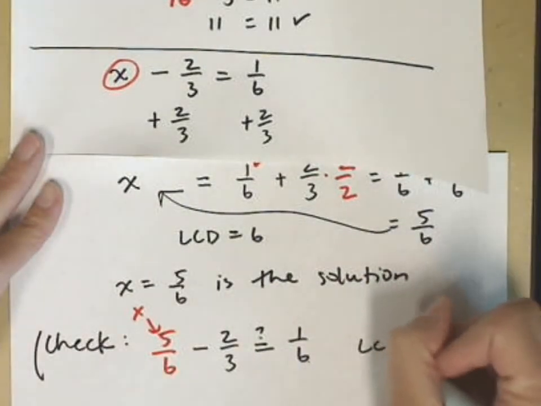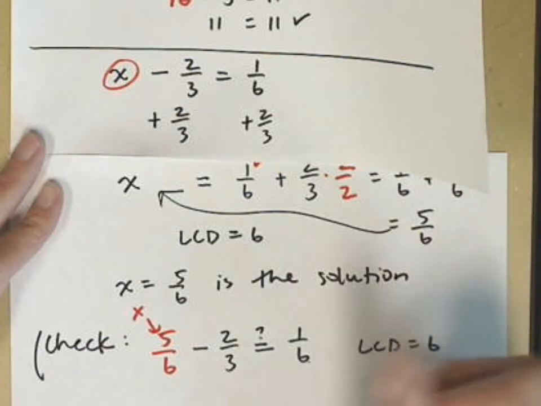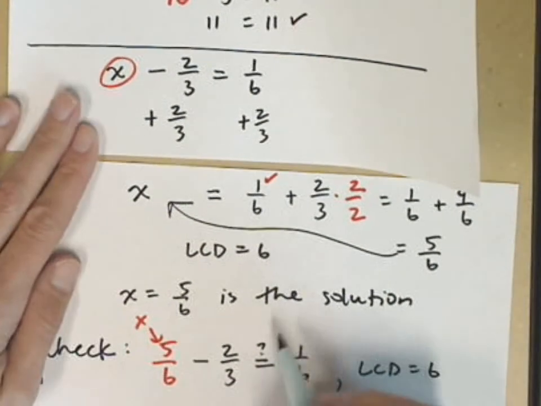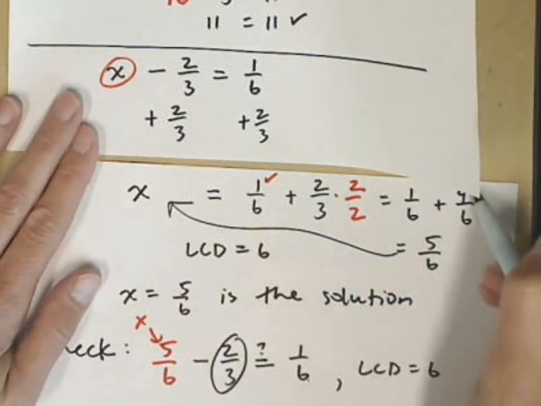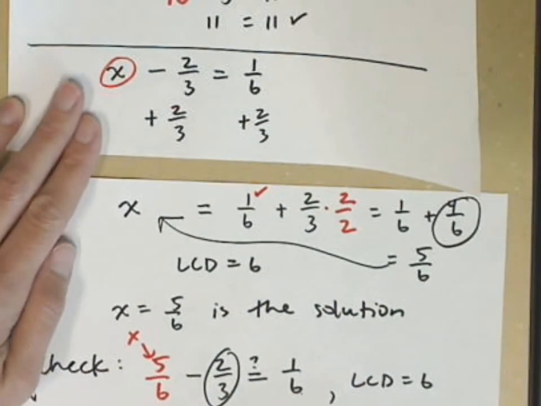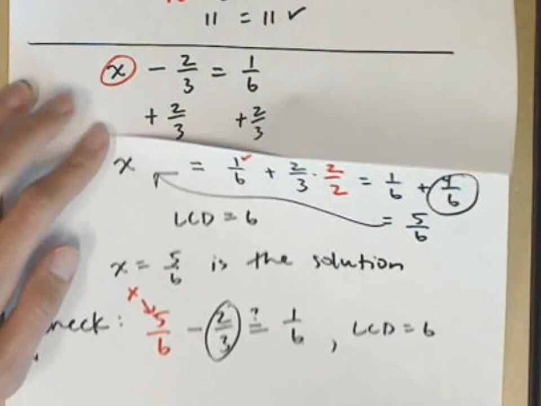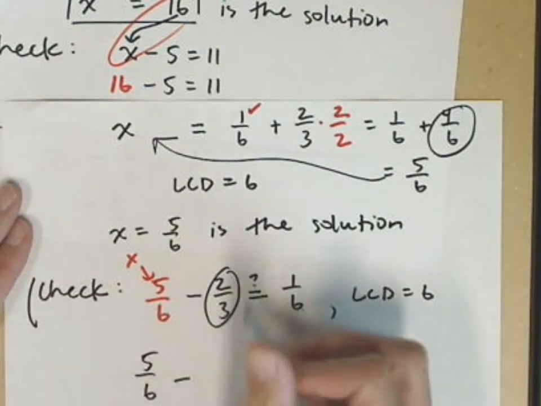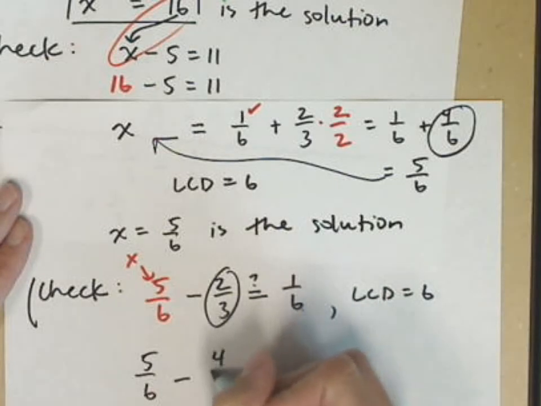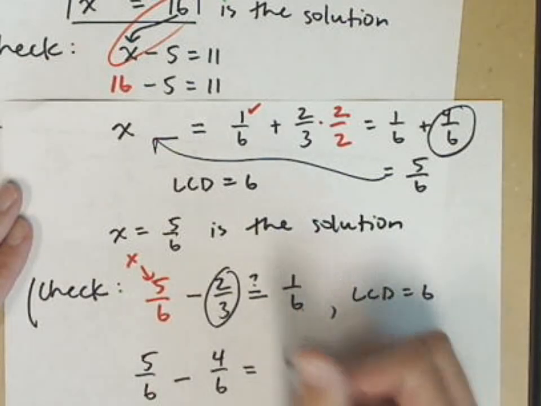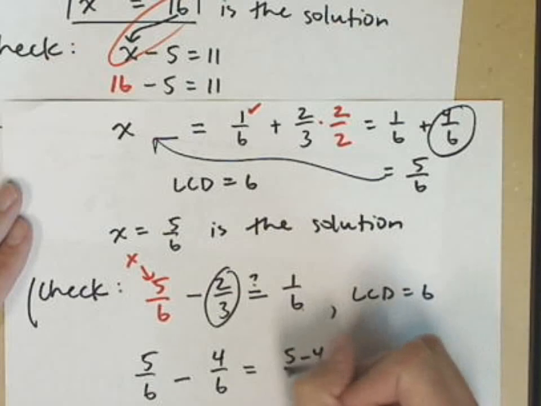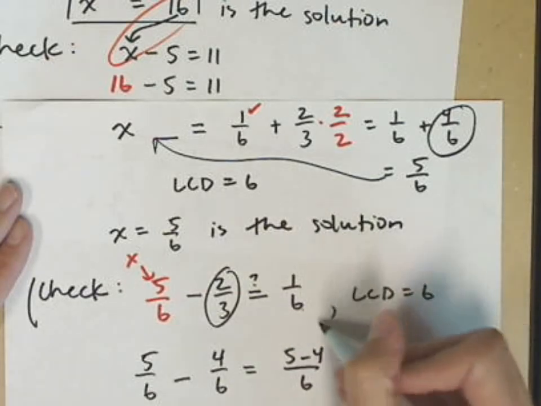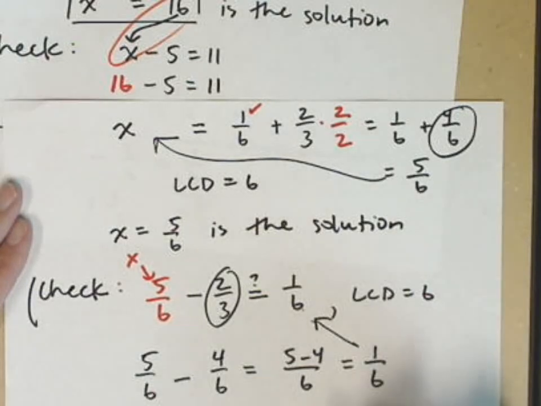There's 6's, but I do not have a common denominator for the 2/3. We already found a common denominator for 2/3. 2/3 is equivalent to 4/6. So as I keep going, 5/6 minus 2/3 is the same as 5/6 minus 4/6, which does equal 1/6.